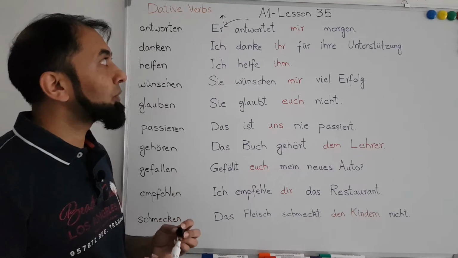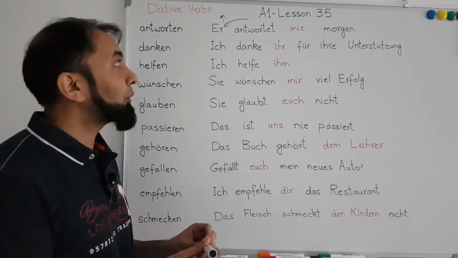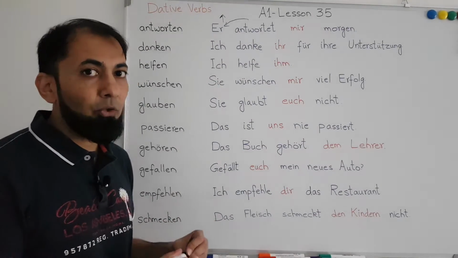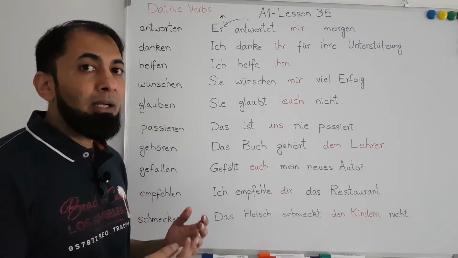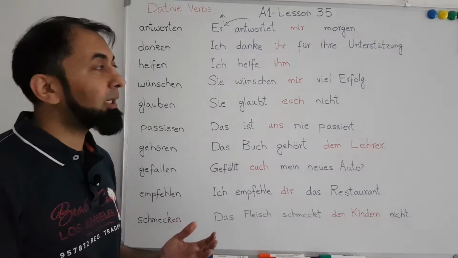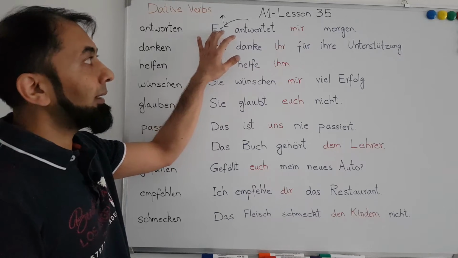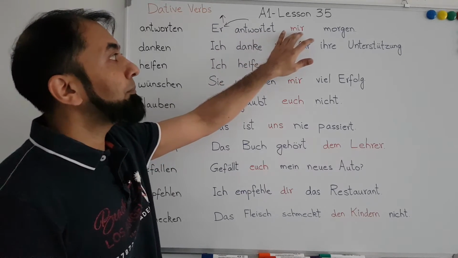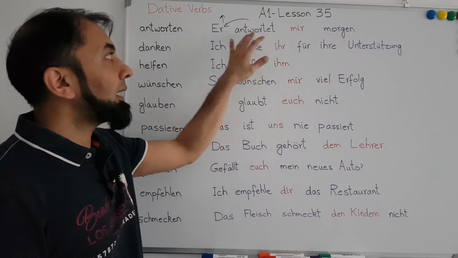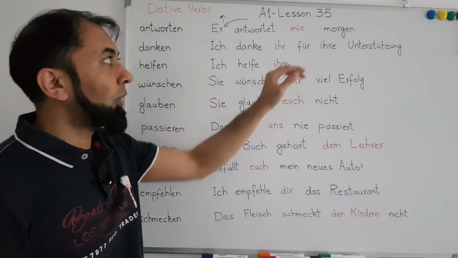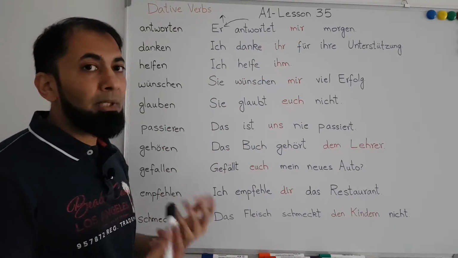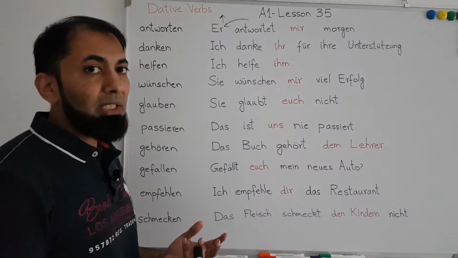Therefore, when we use antworten with respect to er, it becomes antwortet. So antwortet is the conjugation of antworten with respect to the subject er. Er antwortet mir morgen. He answers me tomorrow. Now, in this sentence, mir is the object of the sentence.